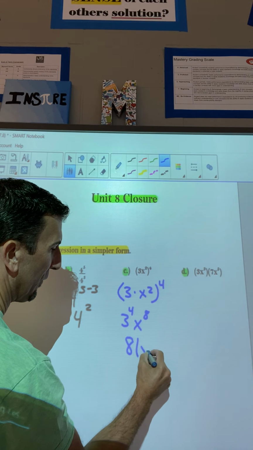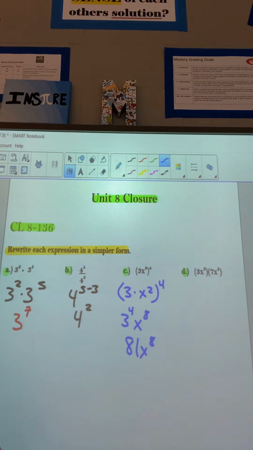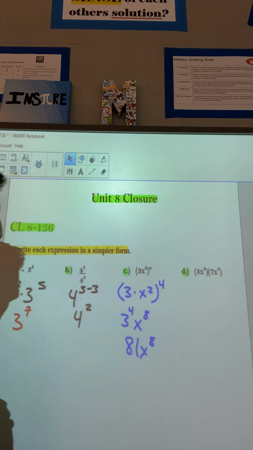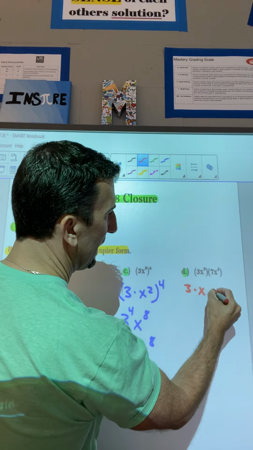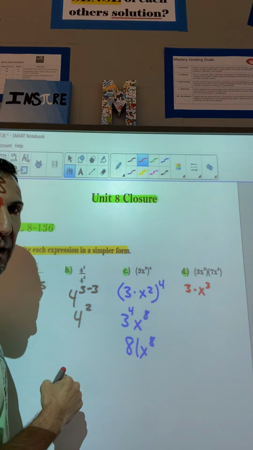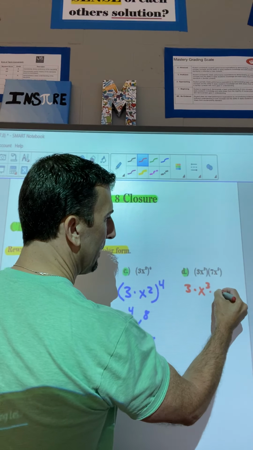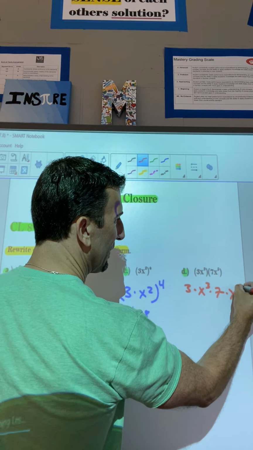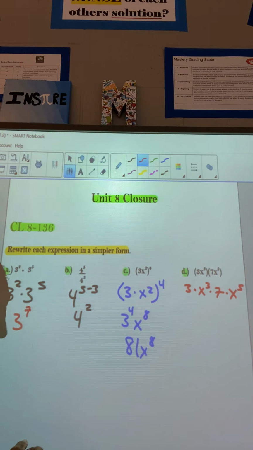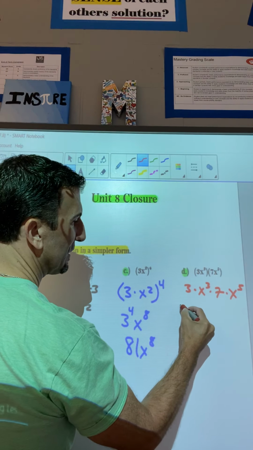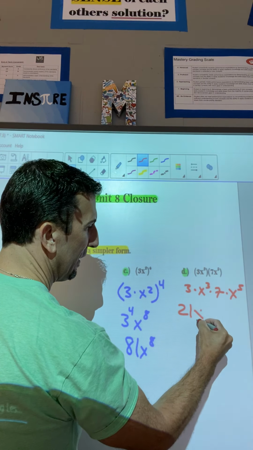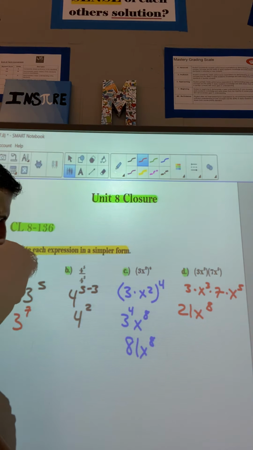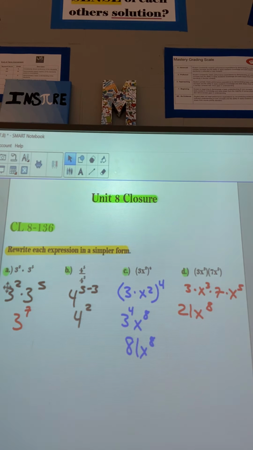I would finish this one off at 81x to the 8th. And then our last one, we have 3 times x to the 3rd. My board's a little blurry. I hope I've got the right number in there. Times 7 times x to the 5th. Okay, 3 times 7 is 21. X to the 3rd, x to the 5th should be x to the 8th. So pretty straightforward.